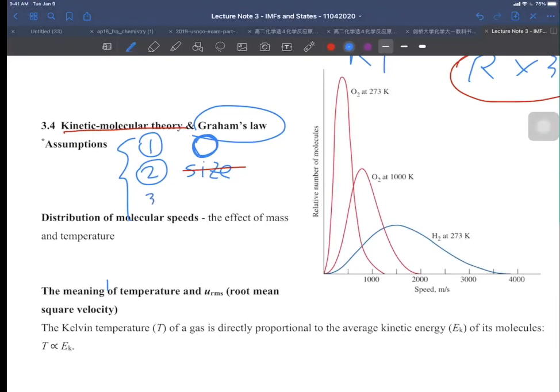The third one is the IMF can also be ignored since they are so far away from each other. The last one is the collision is elastic, which means when they collide with each other, there is no energy loss. You can probably ignore the last part because it's very physics.